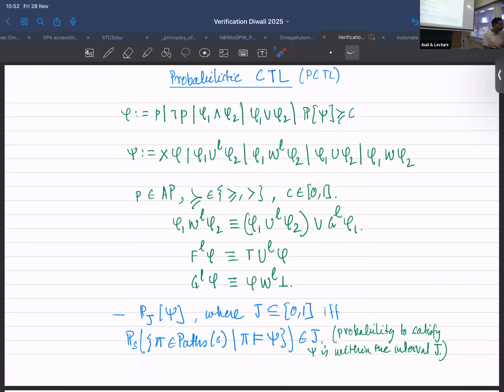What is there in CTL which is not here? Just the probability thing, yes. Until within L steps is there, the probability thing. And what is not here? Globally. Globally, you can get using the until, the eventually globally.